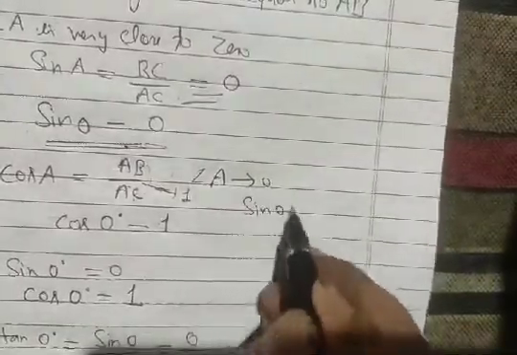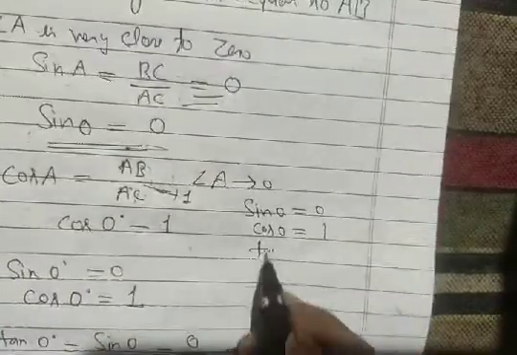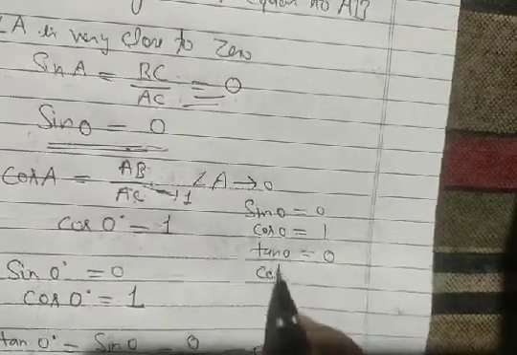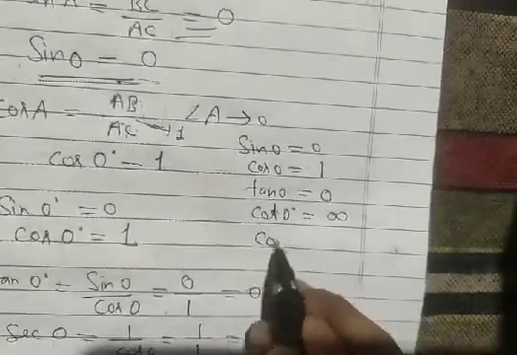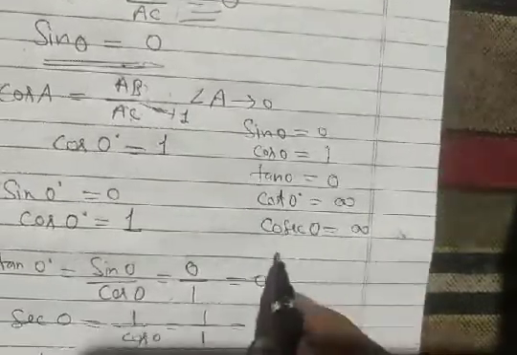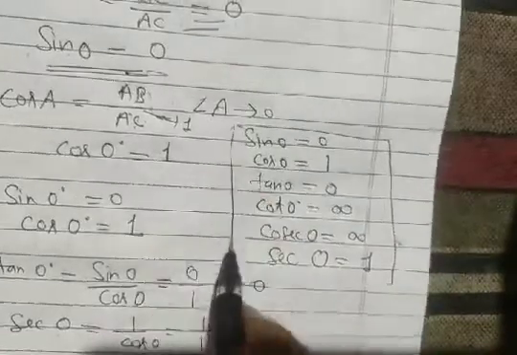Sin 0 is 0, cos 0 is 1, tan 0 is 0, cot 0 is infinity, cosec 0 is infinity, and sec 0 is 1. These are our t ratios of 0 degree.